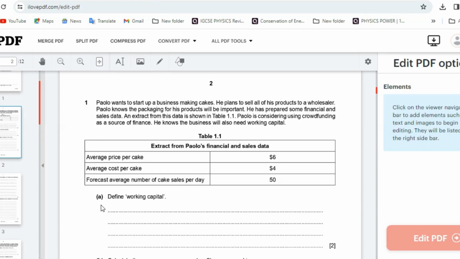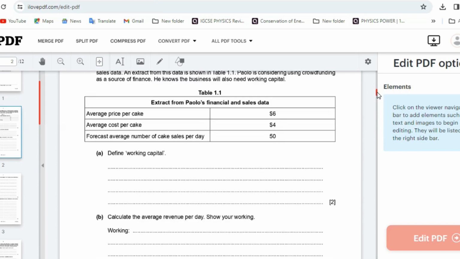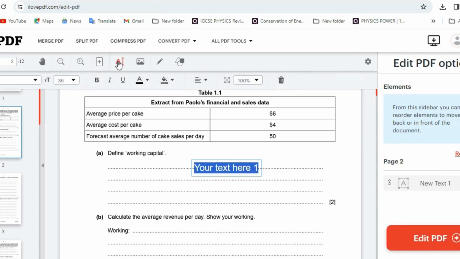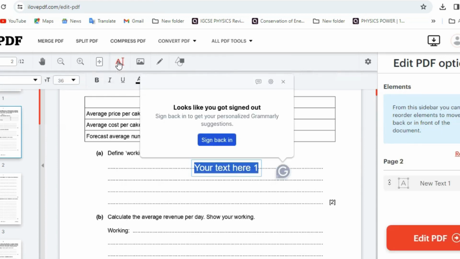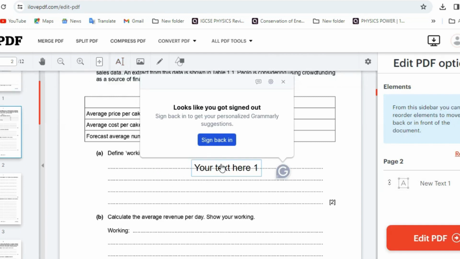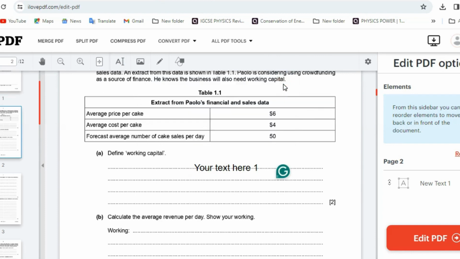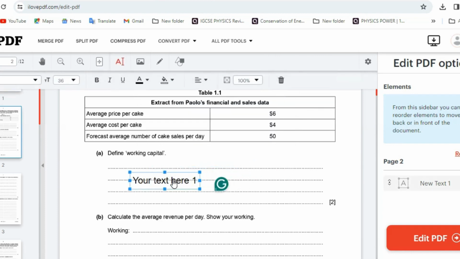Question 1a says we should define what working capital is. What do we understand by working capital? Working capital is the finance needed by the business to pay its day-to-day costs or day-to-day expenses.